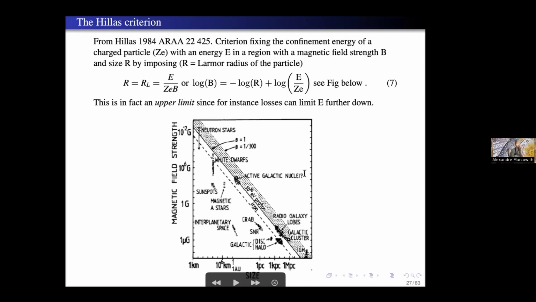This is a rough criterion to tell you what maximum energy you can expect for a non-thermal particle for a given source. So in order to accelerate the most energetic particles, you need a source which is at least minimally extended and has a strong magnetic field, because this is a confinement criterion. So the stronger the magnetic field, the more confined the particles are in the region.